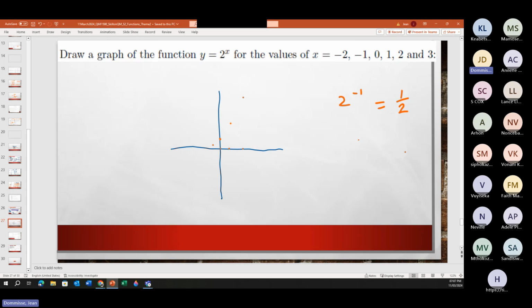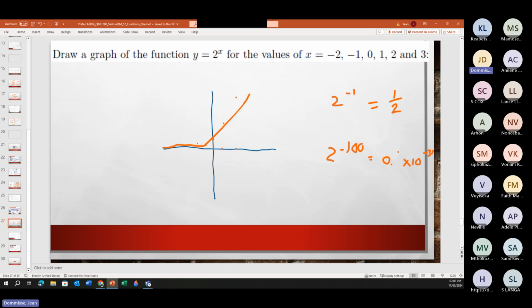Let's take where x is minus 100, just as an example. If you put that into your calculators, you will see that it's still positive, a very small number, just above the line.